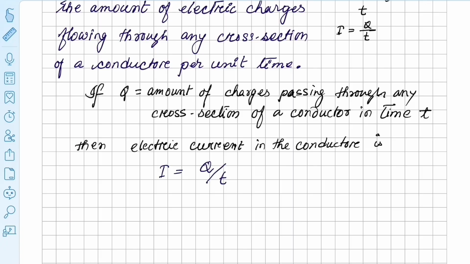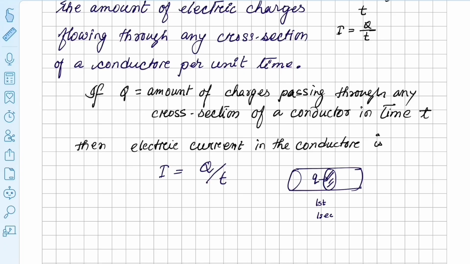So now here one more important thing, let me tell you. The electric current through a conductor is not necessarily always steady. Steady means, suppose this is a conductor and this is a cross section. Suppose in the first 1 second, Q amount of charge flows through this cross section.